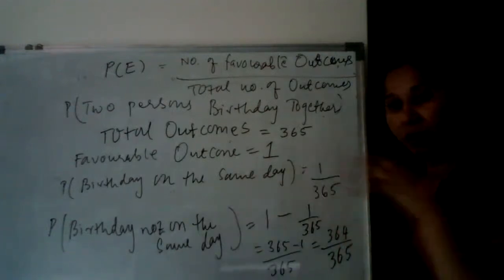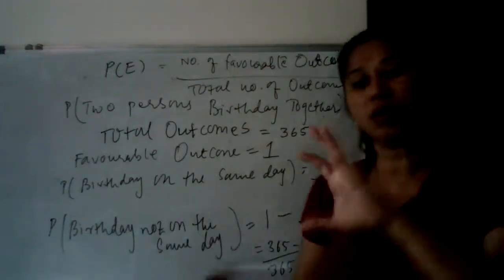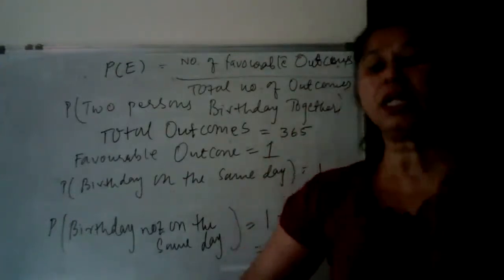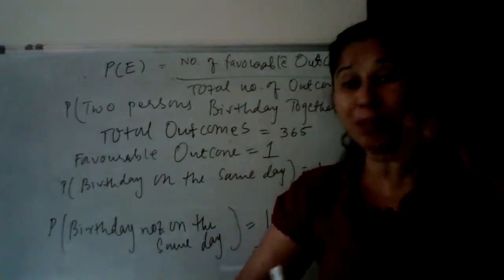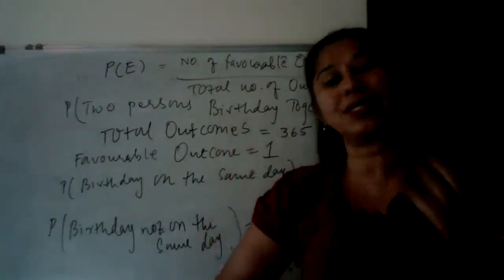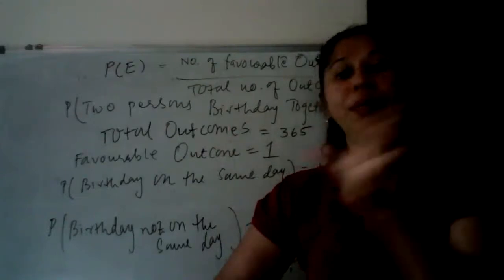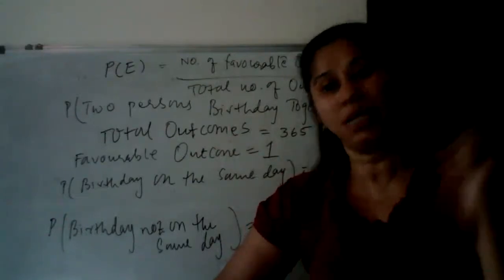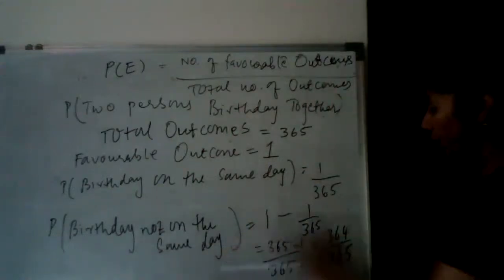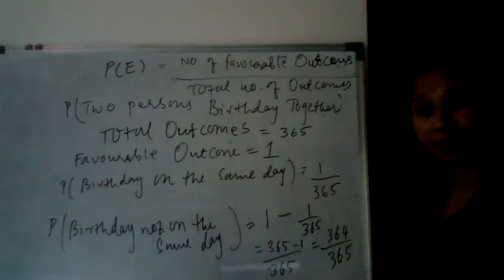Suppose my birthday is on one of the days and we are talking about your birthday, so definitely the second person's birthday will not be on that day. So you have to exclude that one day out of 365 days. How many days are left for your birthday option? 364, any one day, isn't it? So directly also you could write 364 upon 365.